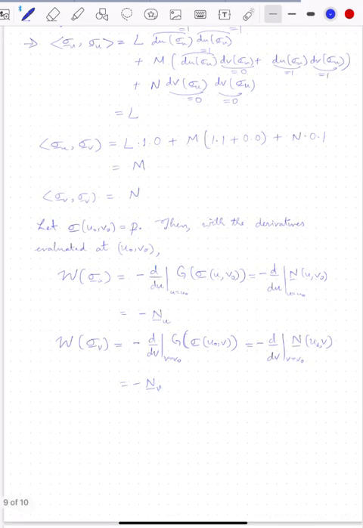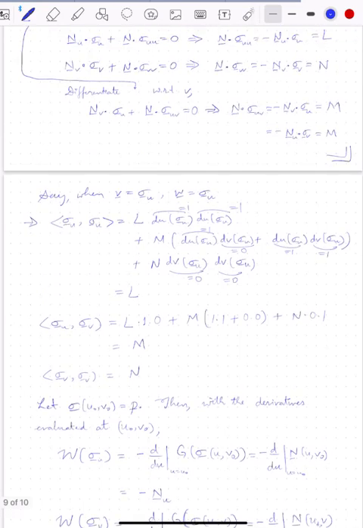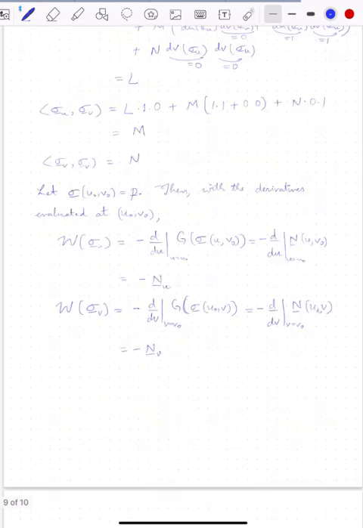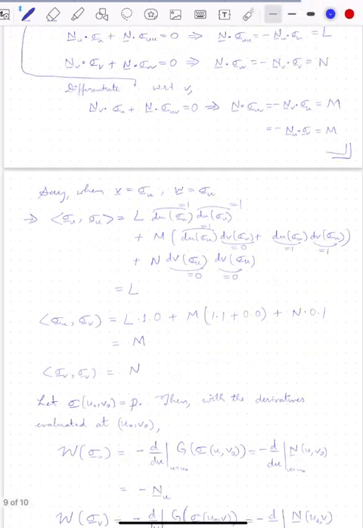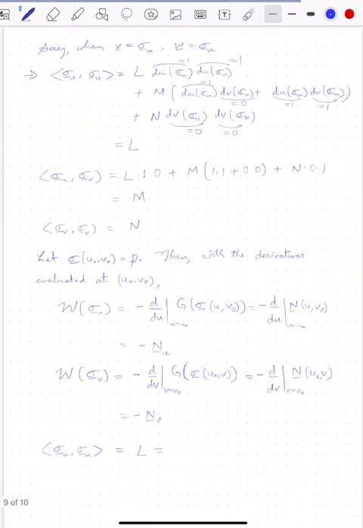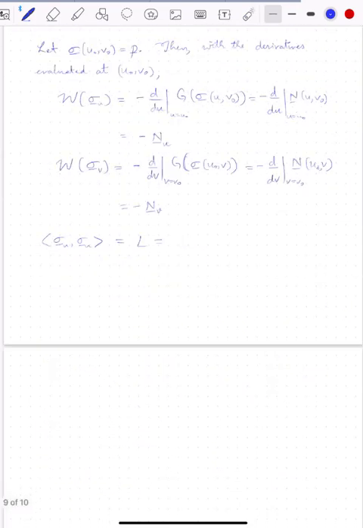Okay. So when we talk about, say, L, when we have sigma u comma sigma u, this is as if we have minus n u dot sigma u, is equal to L. And L, as we can see from expansion here, can also be defined as minus n u dot sigma u.